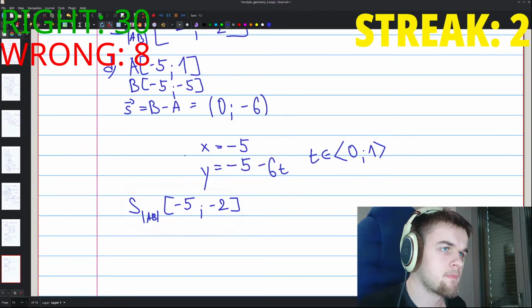Since the x is a constant value, obviously the midpoint will also be -5.